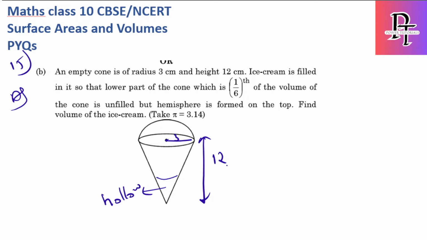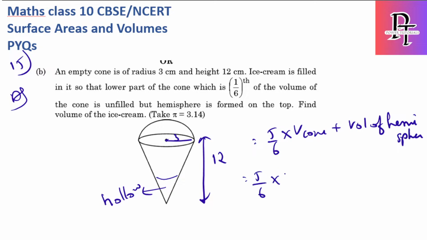Okay, so find the volume of ice cream. So what I have to do is 5 by 6th part, 1/6 is hollow, 5 by 6 is filled with ice cream. So 5 by 6th of volume of cone plus need to do the volume of hemisphere on the top. Simply write the volume formulas.